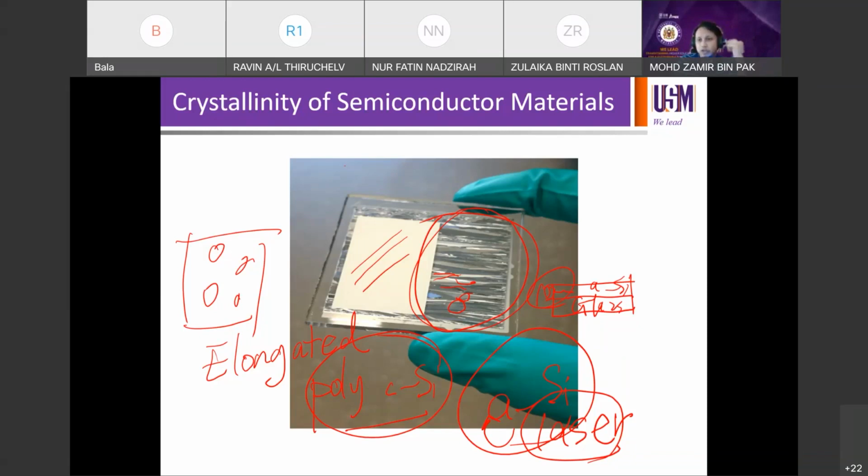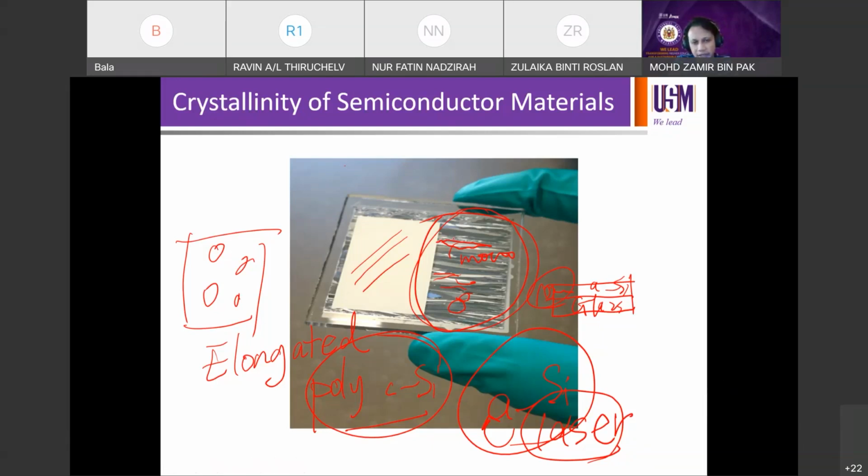But it was originally amorphous silicon, laser crystallized into polycrystalline silicon, and in each region here, as discussed in the multicrystalline wafer earlier, is monocrystalline. So who said mono? Anissa, right? It was mono because each grain is mono.